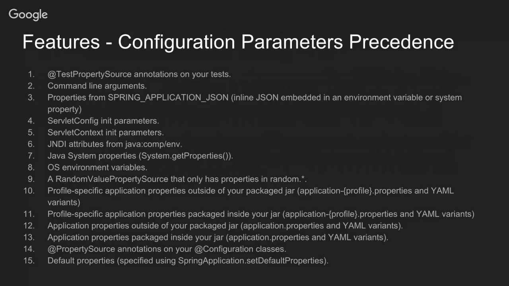The next level is a giant blob of JSON that you could give it with that parameter as a system property or an environmental variable. But then there's also the servlet parameters, JNDI parameters, system properties, OS environmental variables, and the profiles as well. I don't know if you guys know what Spring profiles are, but it allows you to state a set of name value pairs that only exists for a certain mode of the application. So you could have certain properties that only belong to production or some that are just for testing.